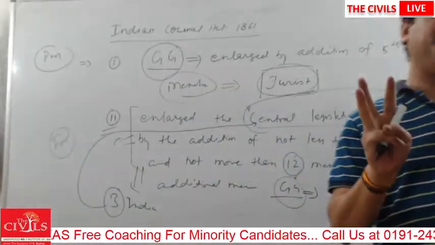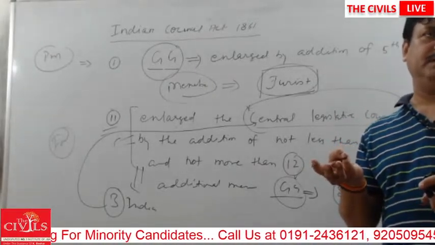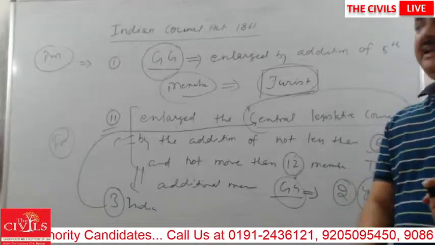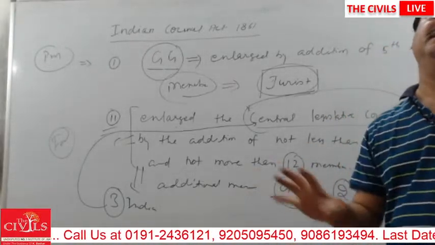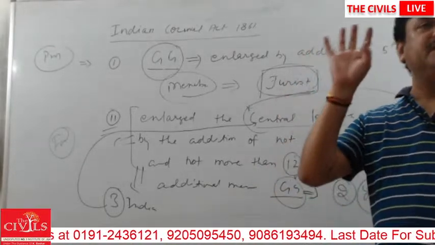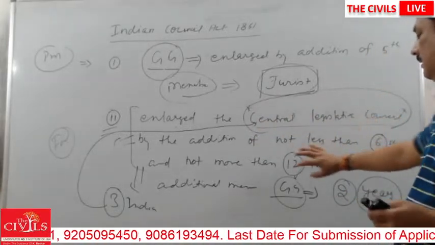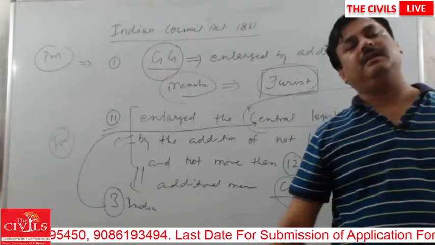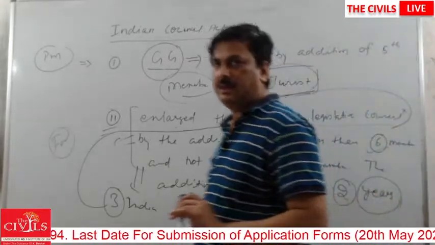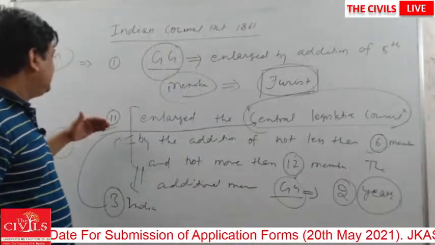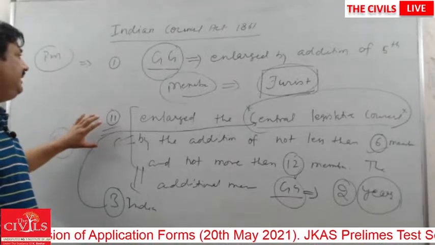There was a provision for the appointment of 3 Indian members in the Central Legislative Council, but it was totally up to the Governor General to appoint or not. So this was also a most important provision of the Indian Council Act.